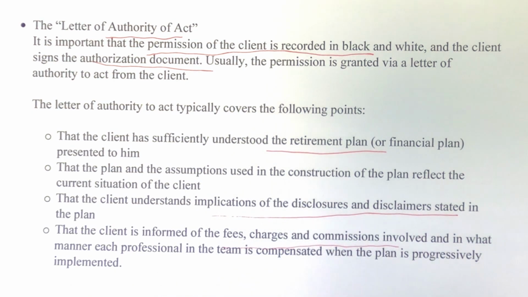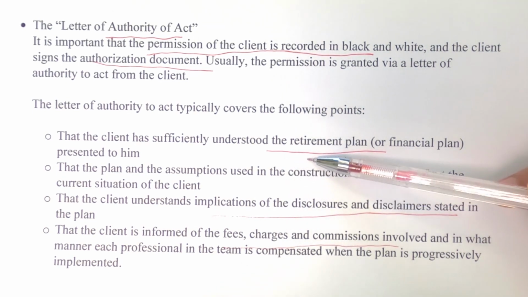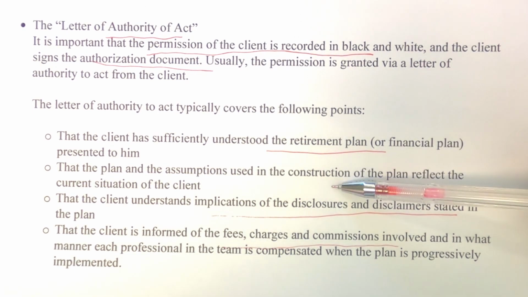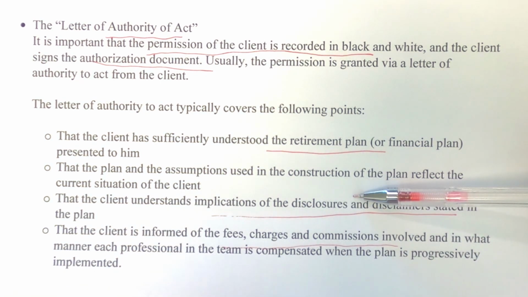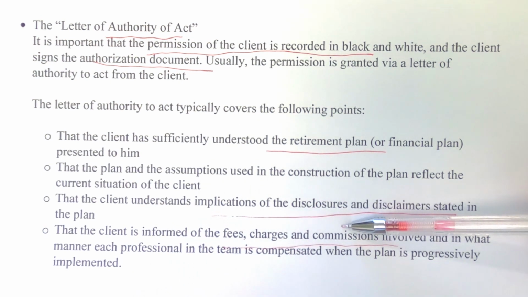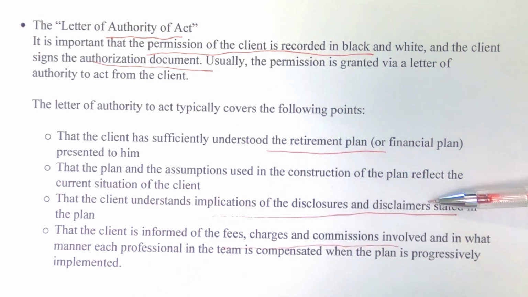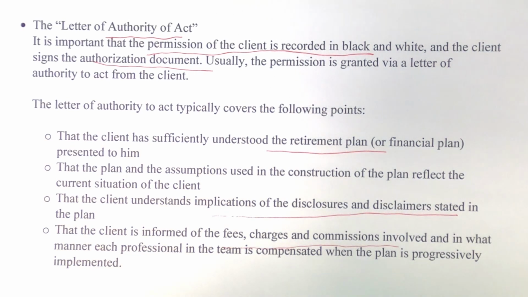In the letter of authority itself, it basically covers several important points, which include that the client actually understood the retirement plan that has been presented to him or her, and that the plan and the assumptions used in the construction of the plan reflect the current situation of the client. The client also understands the implications of the disclosures and disclaimers stated in the plan, and is fully informed about the fees or charges and commission involved, in what manner each professional in the team is compensated when the plan is progressively implemented.